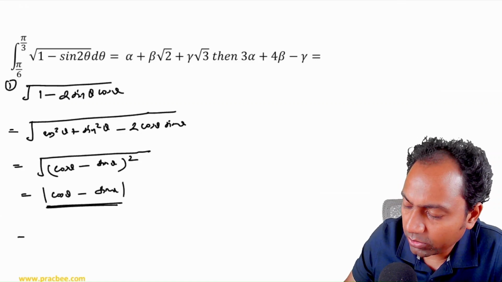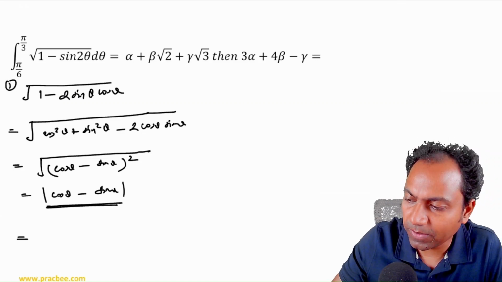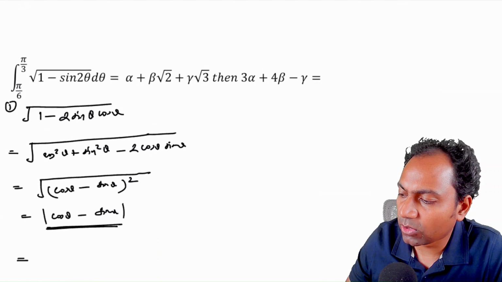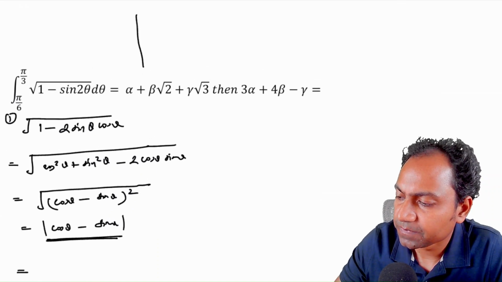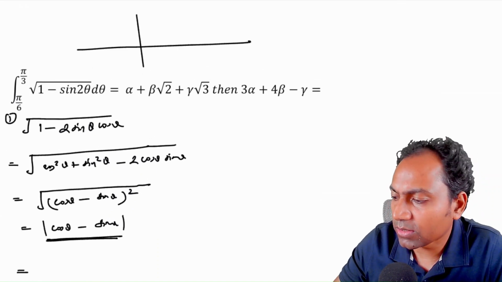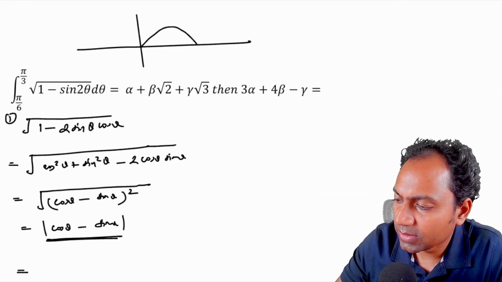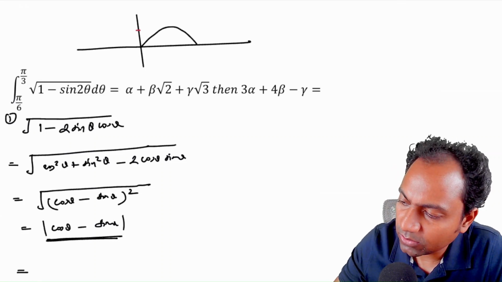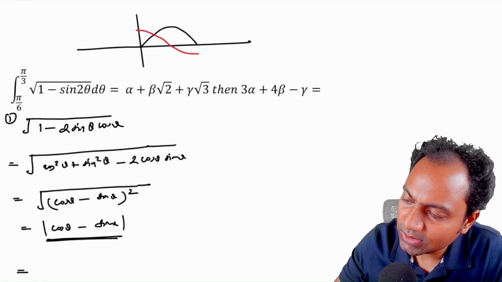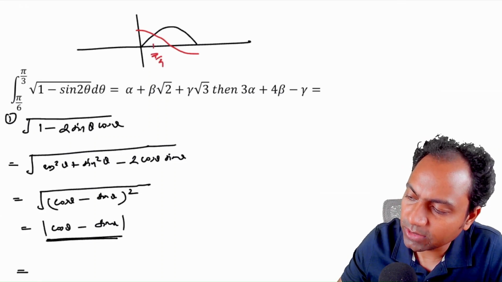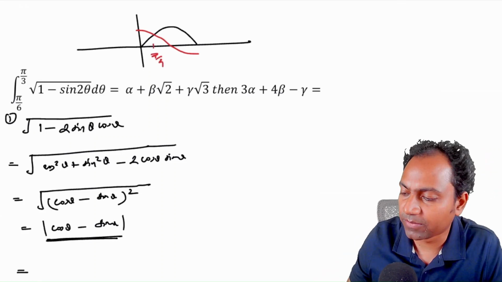Now if I want to interpret this function, because we are going from pi by 6 to pi by 3, what we can observe in the form of graphs is, if I draw the graph, this is how the sine graph will look like, and this is how the cos graph will look like. So you can see that till pi by 4 cos is greater, but after pi by 4 the sine will become greater.